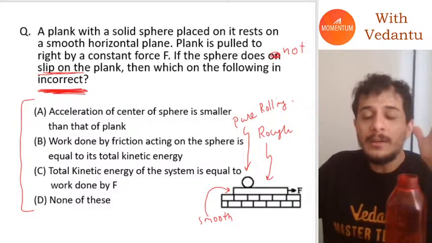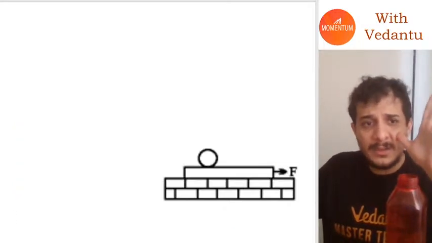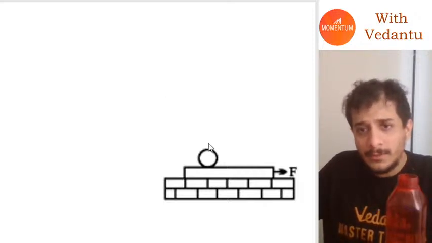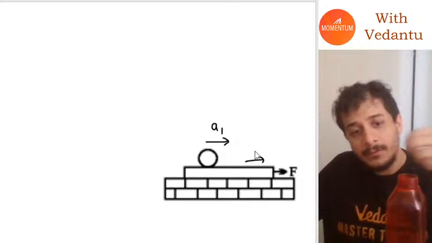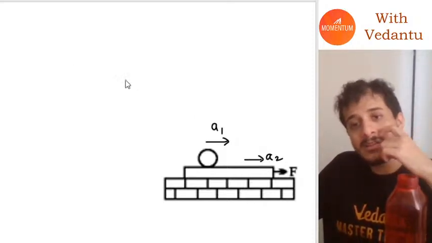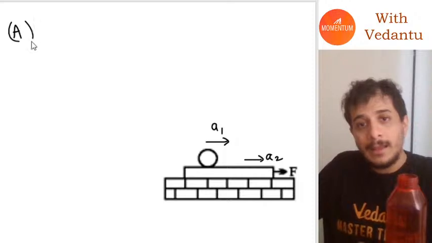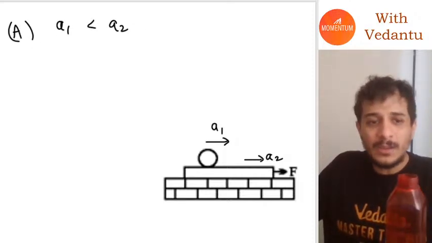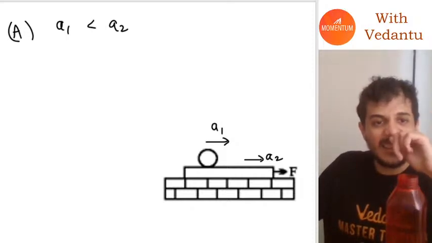Now, the first statement is that if both these are moving with different accelerations a1 and a2, the first statement says that a1 will be less than a2. Guys, can you tell me if this statement is correct or incorrect?